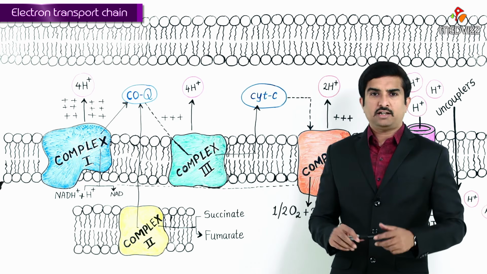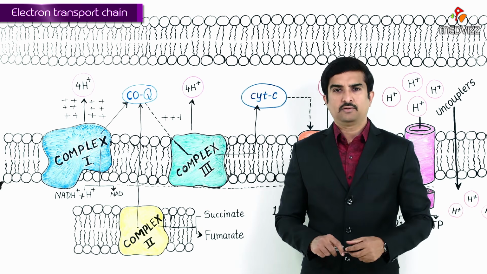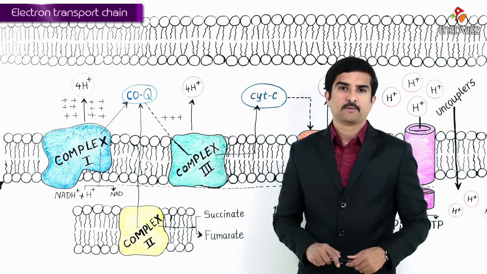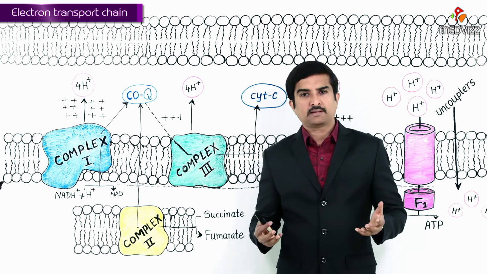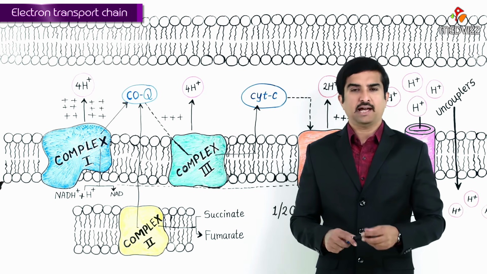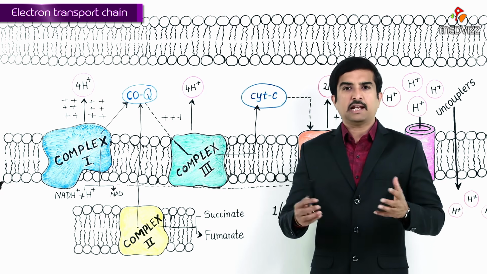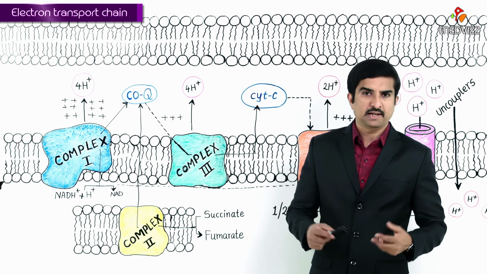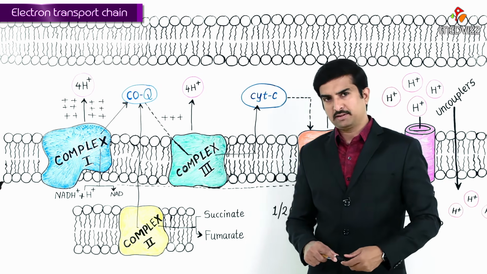So now let us concentrate on the components of the electron transport chain, which is also called the respiratory chain. We have complexes as well as mobile electron carriers. These electron carriers may or may not be part of the complexes.